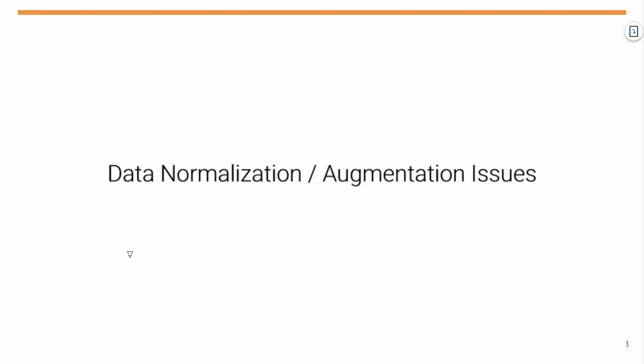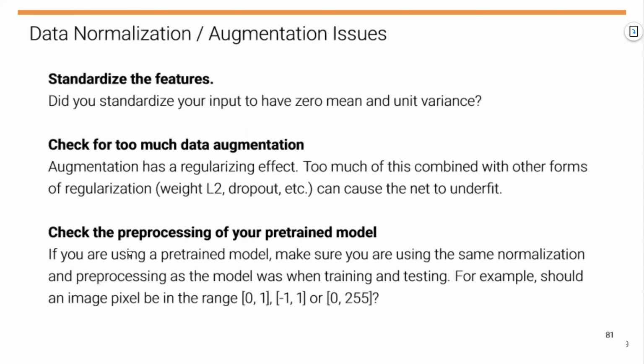And there might be some problems with data normalization or augmentation. Standardize the features, and check if you employ too much data augmentation. If you use too many data augmentation techniques, then the semantics in the input data might be lost.